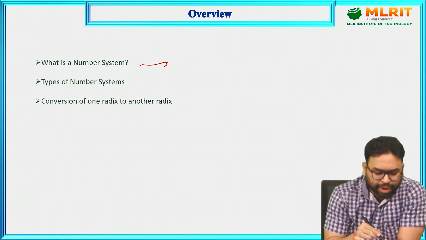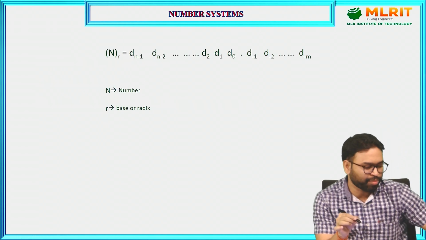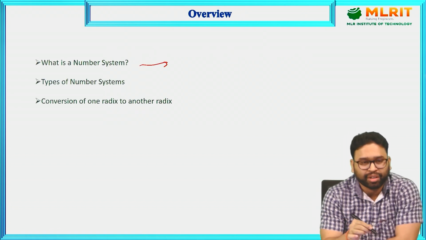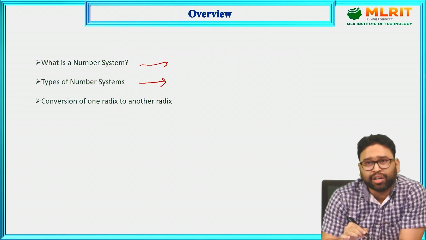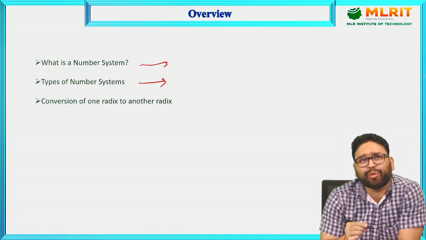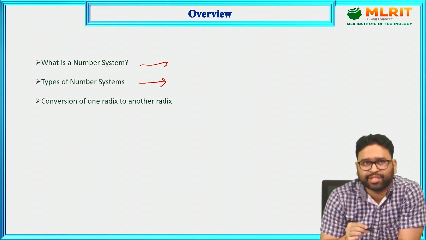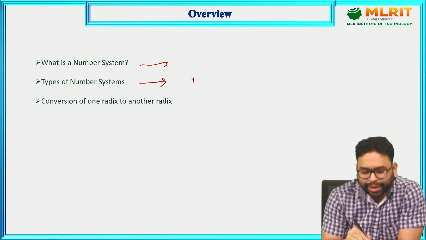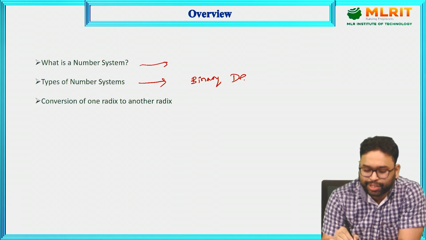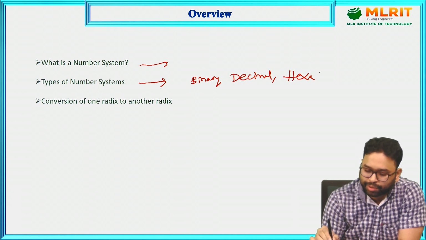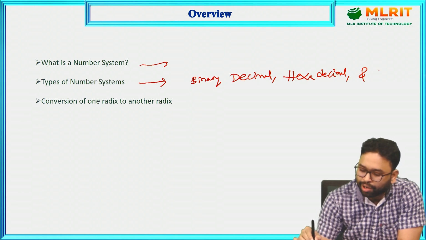Okay, now coming back to the types of number systems. There are four different number systems that we are utilizing in our DSD subject, and those are binary, decimal, hexadecimal, and octal.